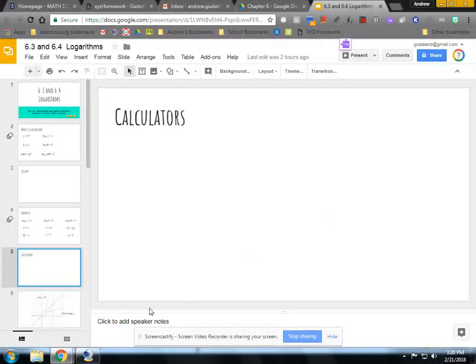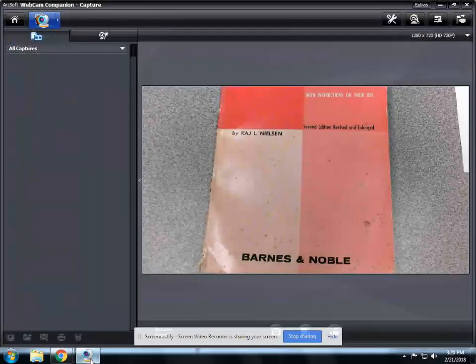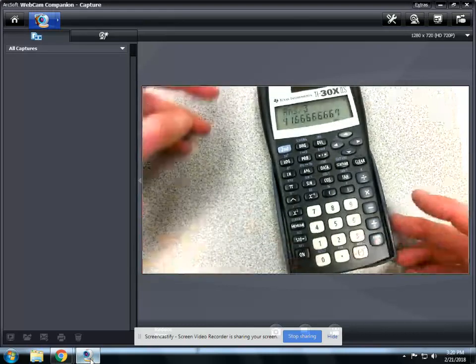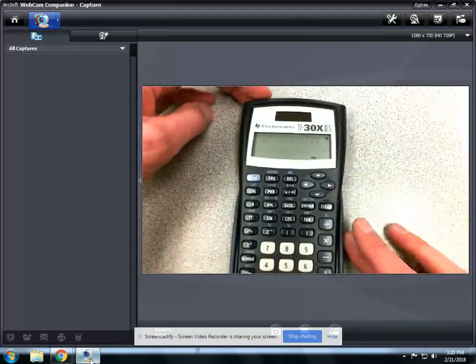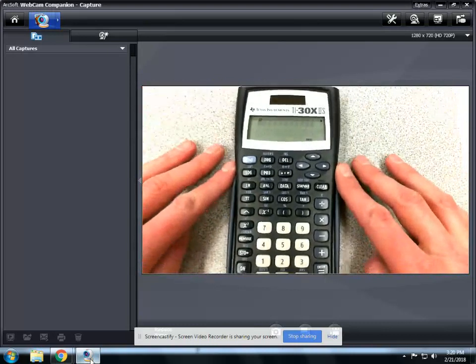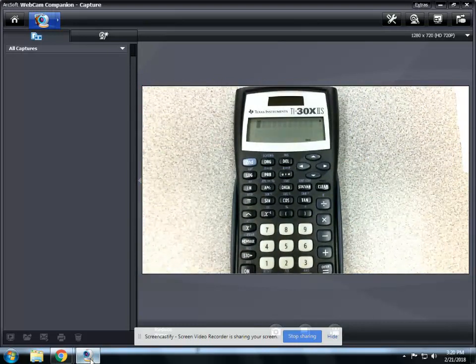Calculators. Okay, we moved on from history, now we're into calculators. Calculators are great. Calculators, woo-hoo. Okay, one thing that calculators do a wonderful job of is they're very fast at doing what they've been programmed to do. The only problem with that is they're not always programmed to do what we want them to do.